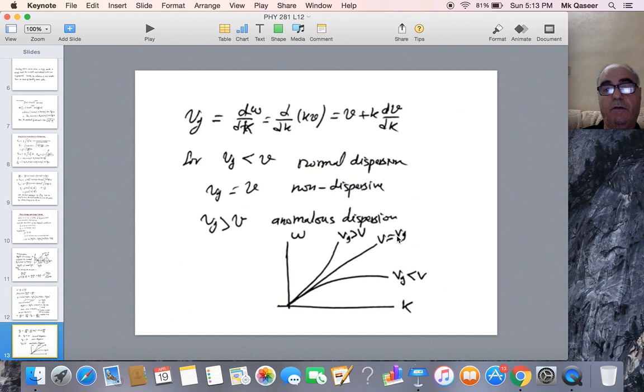When v group equals v, this is called a non-dispersive medium. If v group is less than v, it's called normal dispersion. This happens in dielectric materials. And when v group is greater than v, the third curve, this is called anomalous dispersion. This happens in conductors.